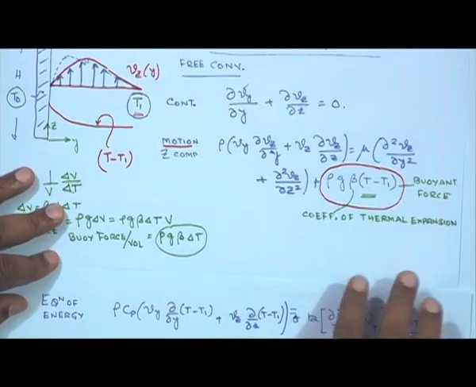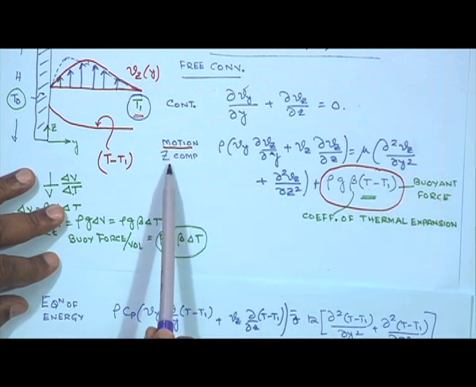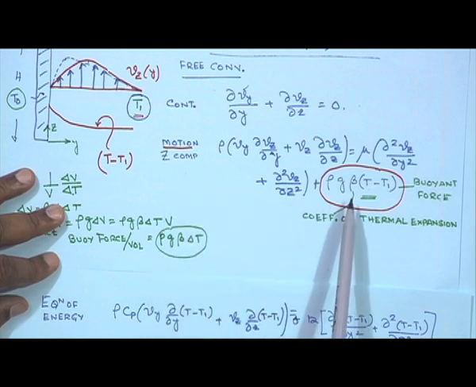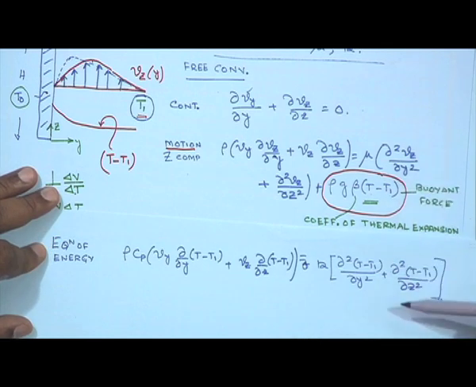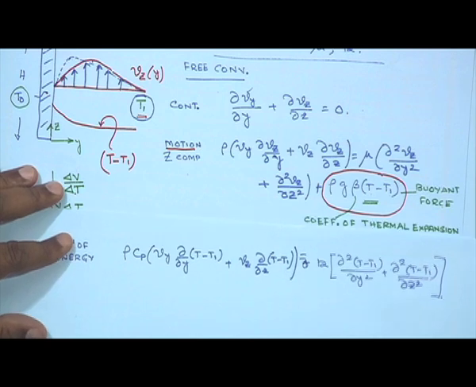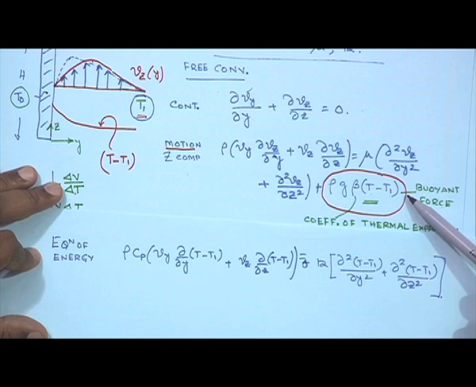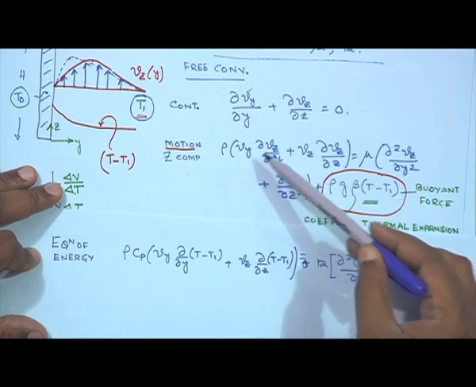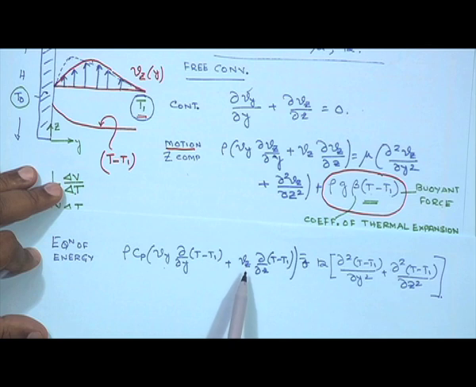So, what I have is then the three equations that I need to solve: the equation of continuity, the equation of motion, which I express in the free convection form, and finally the equation of energy. Now, if you look closely into these three equations, the temperature appears in the equation of energy, and it also appears in the equation of motion. The components of velocity are present in the equation of motion and also in the equation of energy.